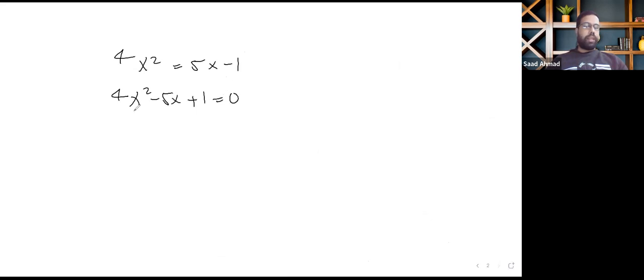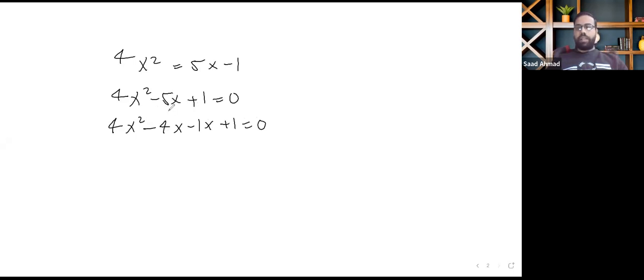All right, and I assume that you might know how to factorize, or if you don't know how to factorize, you can use the quadratic formula to solve this, but you can factorize it by breaking it into minus 4x minus 1x plus 1.